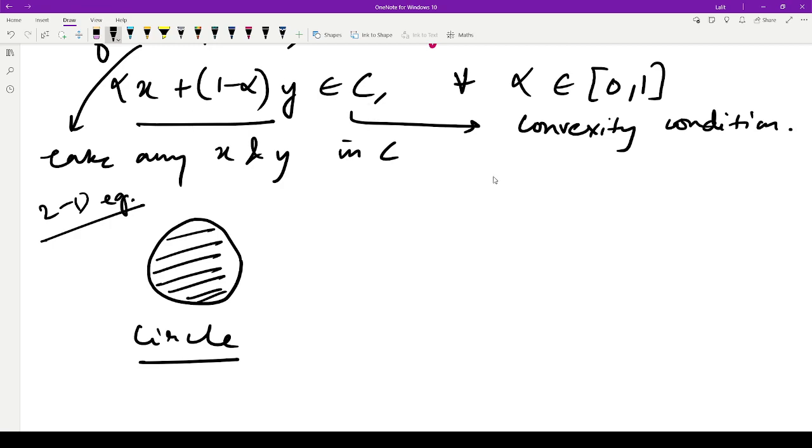Given this definition, yeah, it's a convex set. What about this? This is something like a diamond shape or rhombus. This is filled. Is it convex?